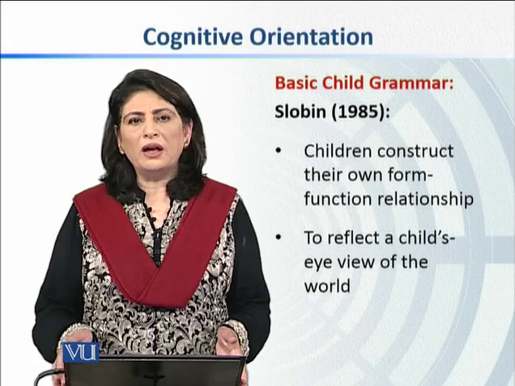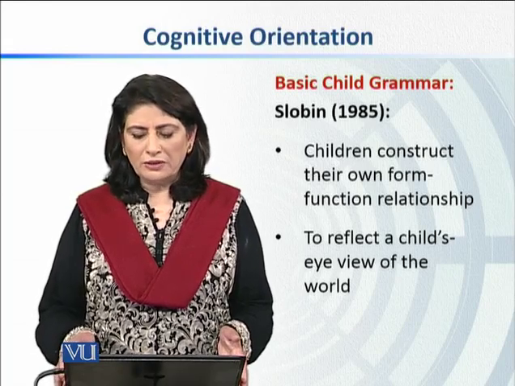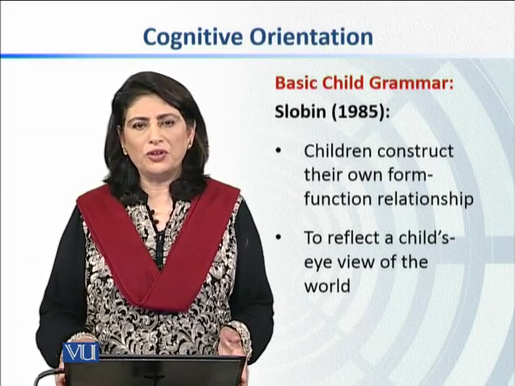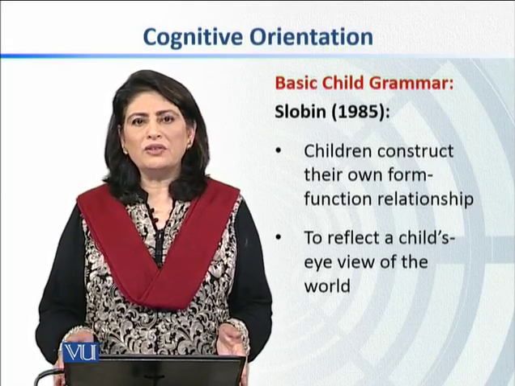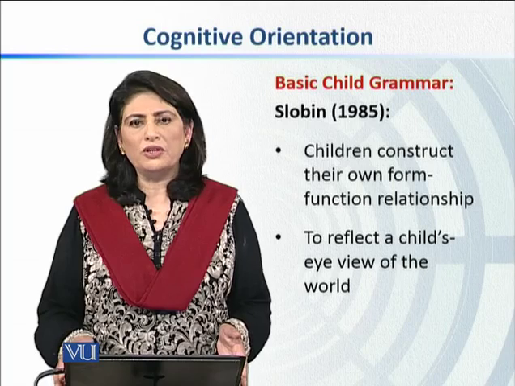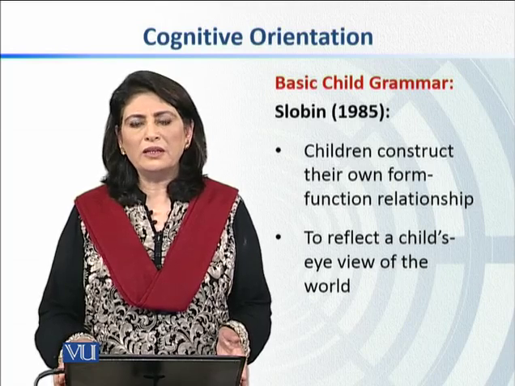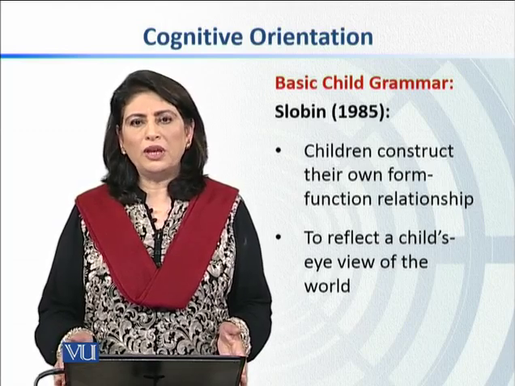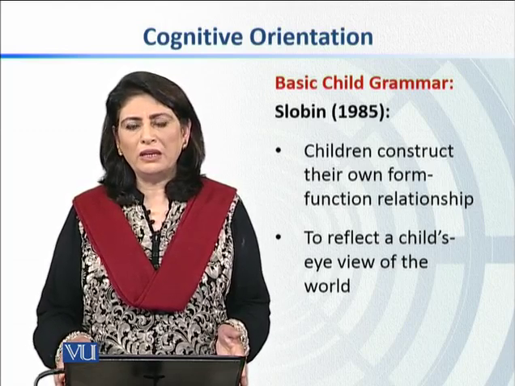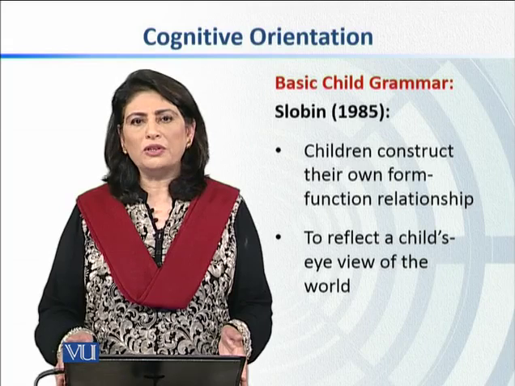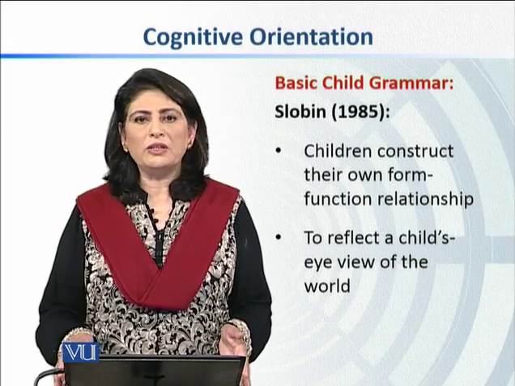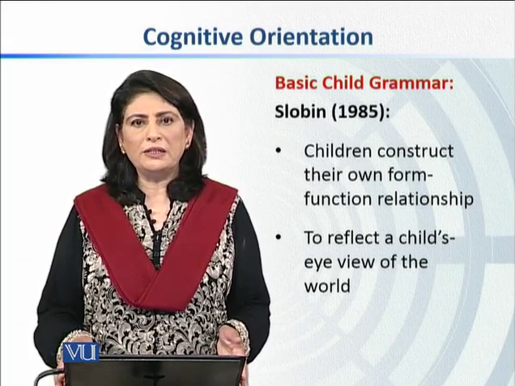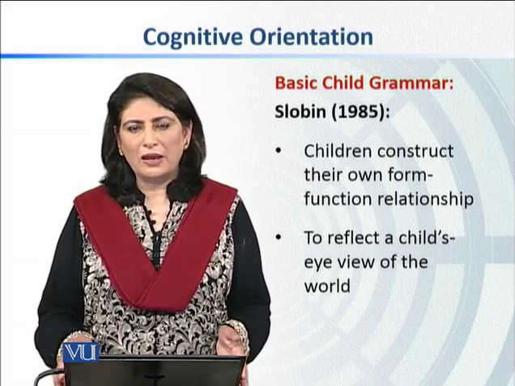So Slobin argues that children construct their own form-function relationship. And when they construct this form-function relationship, that is, they choose a specific grammar form to express their own meaning, that form-function relationship might not be the same as used by adult speakers of the first language.